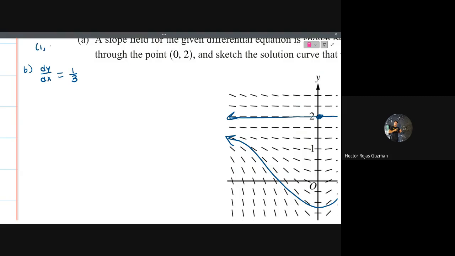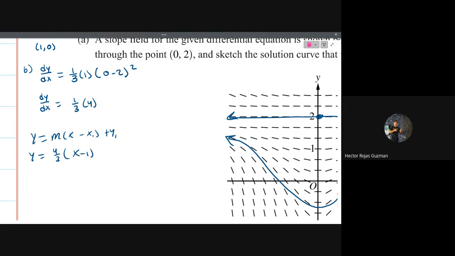And with x equals 1, y is equal to 0. So plug them in. The slope at the point 1, 0 is 4/3, which means your tangent line is y equals m times x minus x1 plus y1, y equals 4/3 times x minus 1 plus 0. That's your tangent line.